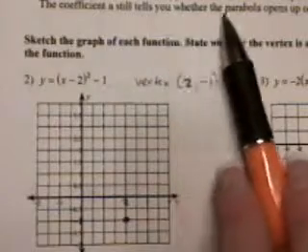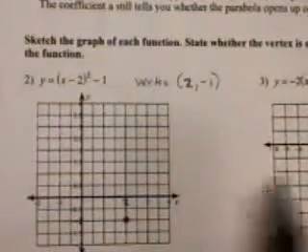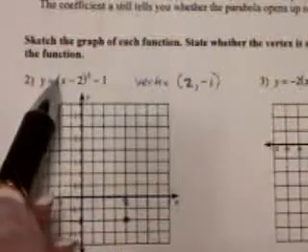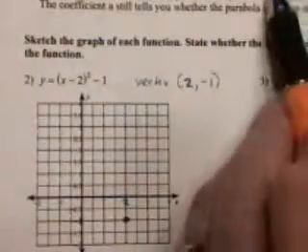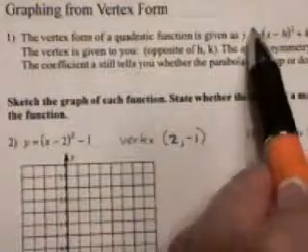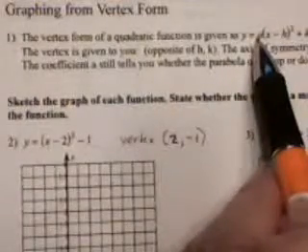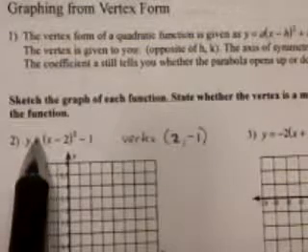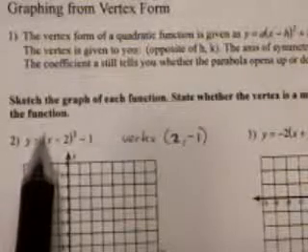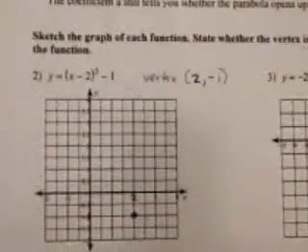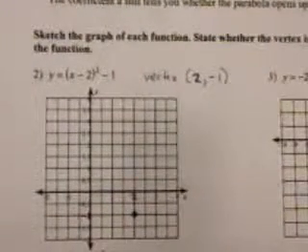The coefficient still tells me whether the parabola opens up or down. In this case, I have an understood positive 1. A is still what tells me if it opens up or down, so it opens up. I'm going to do the same thing I did the last couple days.